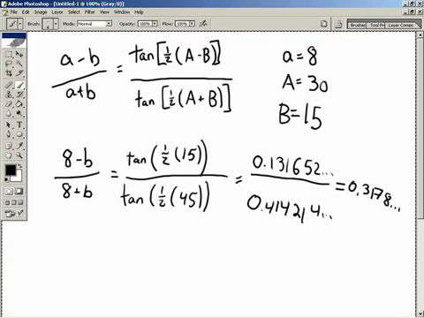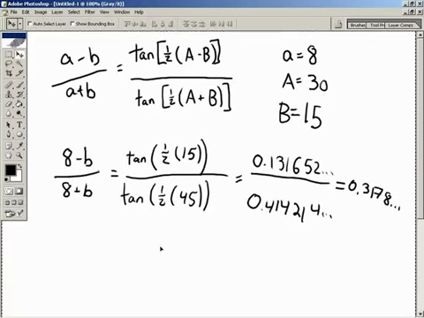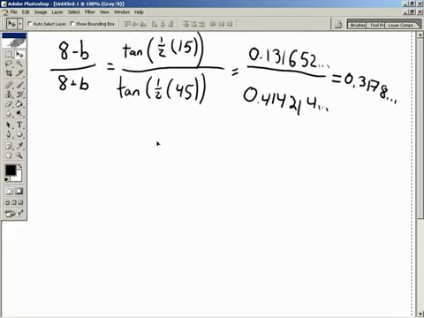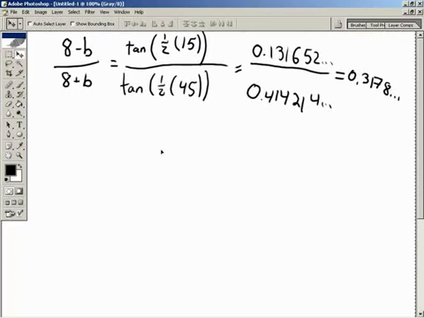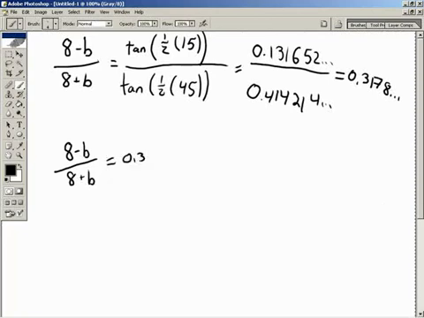So I'm just going to move this whole thing up to increase my working space. So let's continue. So we have that... Oh, right, you need to grab the tool. Hey, look at that, it's still writing. (8 minus b) divided by (8 plus b) equals 0.3178. This means 8 minus b equals 0.3178 times (8 plus b).